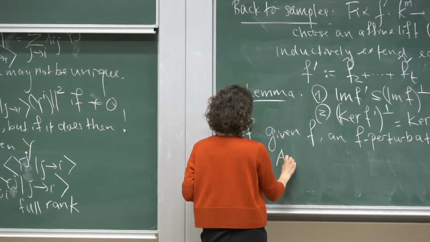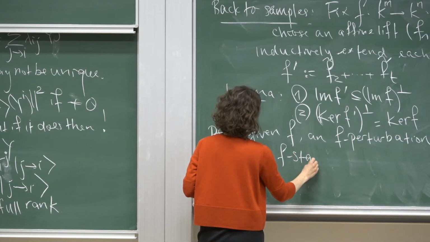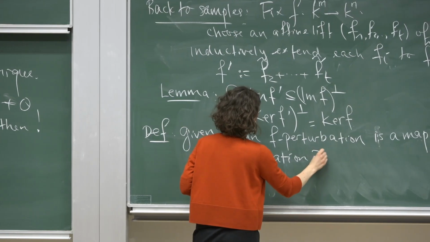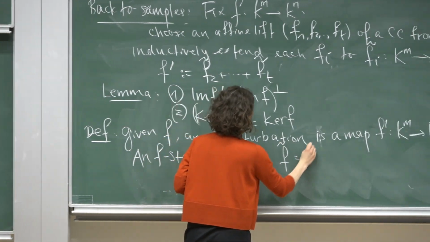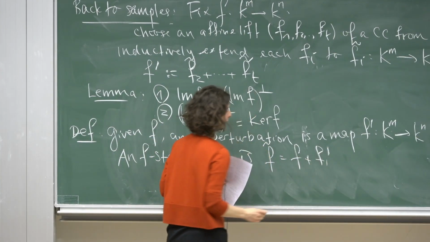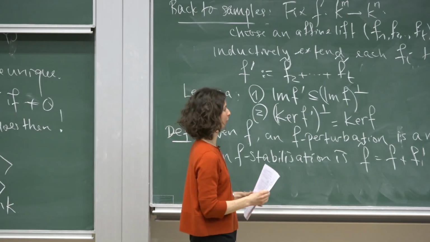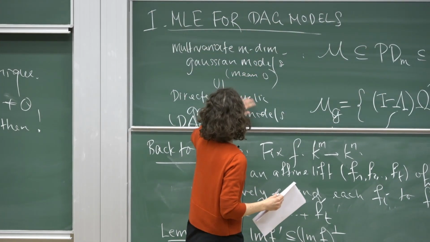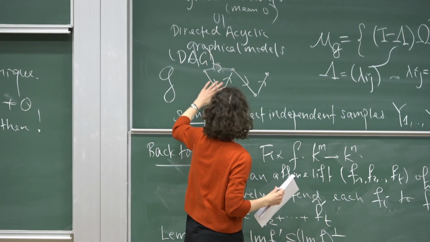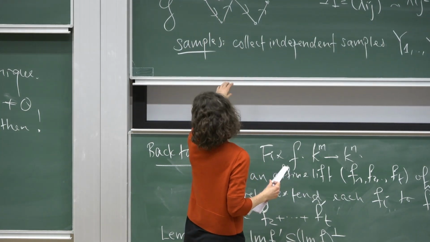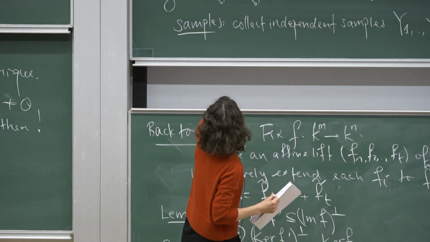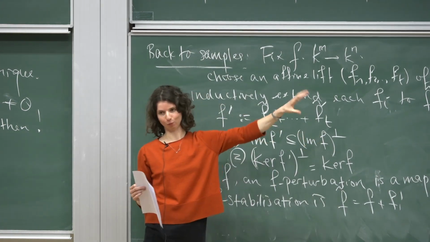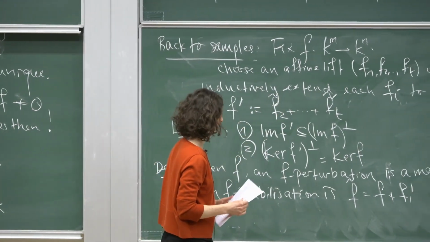We define an F stabilization to be F tilde equals F plus F prime, where F prime is an F perturbation. So I've just made precise what I was saying right at the beginning about y prime, y tilde. That's how we define it.